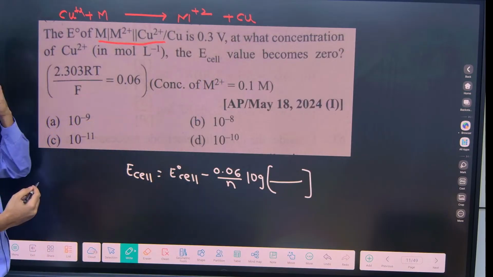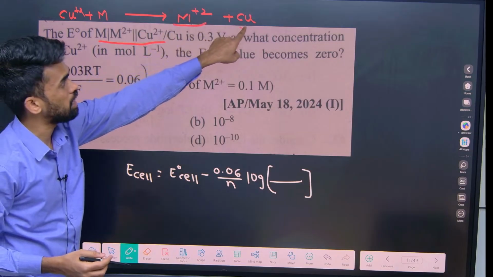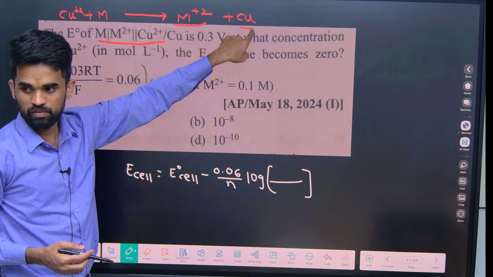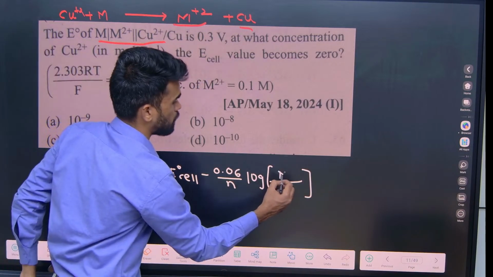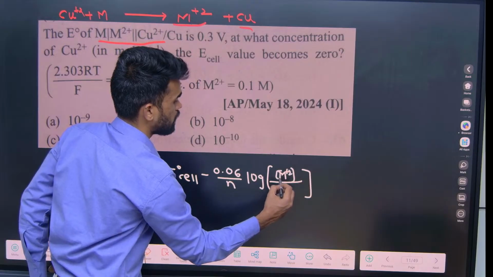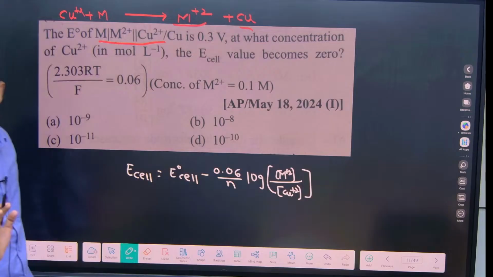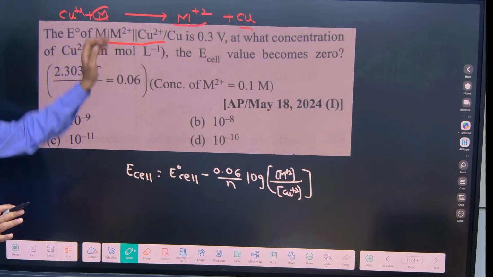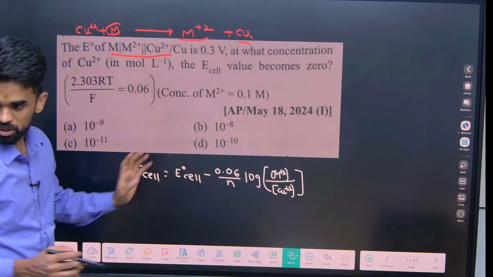So the product side is the ions, M plus 2. If there is any atomic or solid form, its activity is 1. So consider only the M plus 2 concentration here, and on the reactant side Cu plus 2 only. Do you get up to here what we are doing? Because M is a metal, its activity is 1. Okay, up to here it is clear.